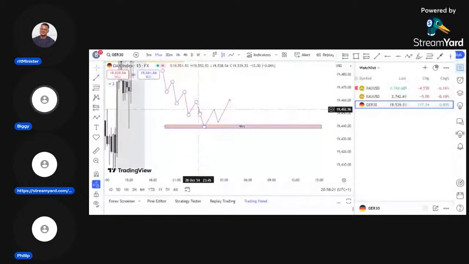I normally wait for the second leg up, and then on this third leg down is where I start looking for an SCOB confirmation entry.